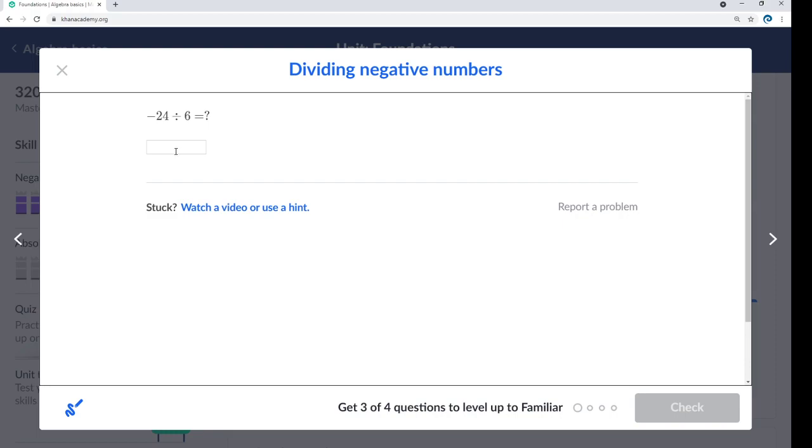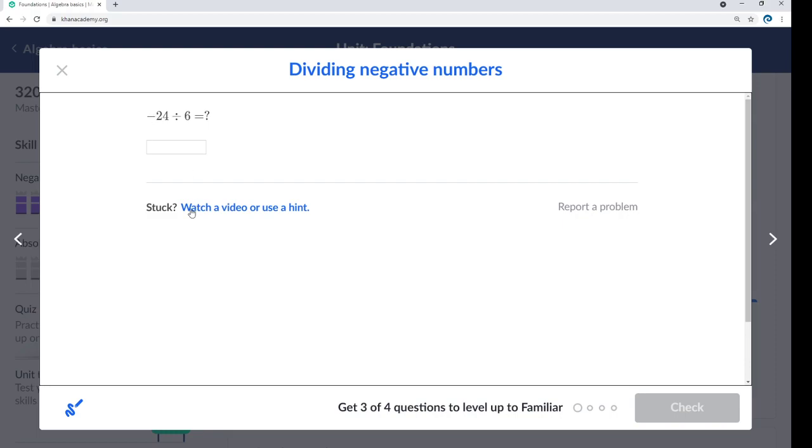Or something like that. 6 is 12. 12 is 24. So, okay, but what's the... Oh, is there a rule? A negative number divided by a positive number.